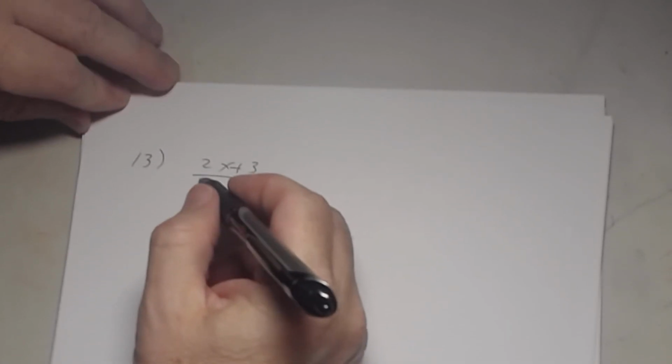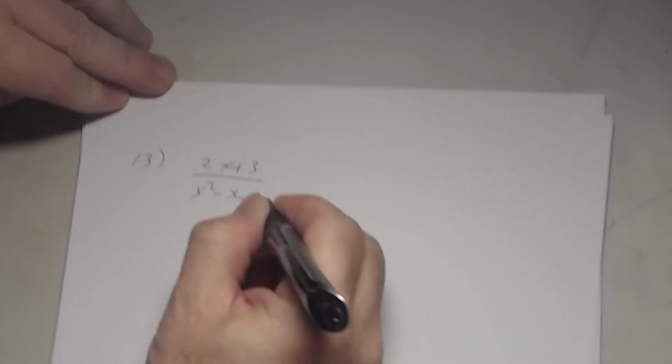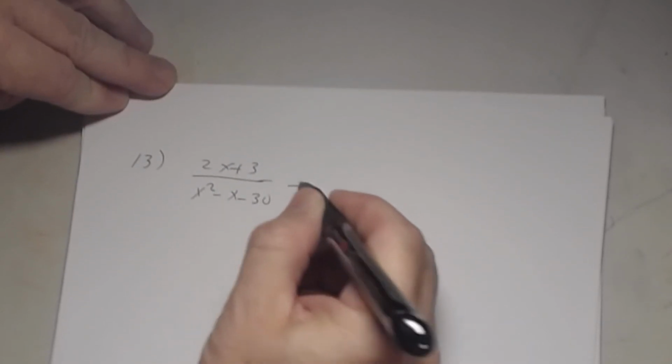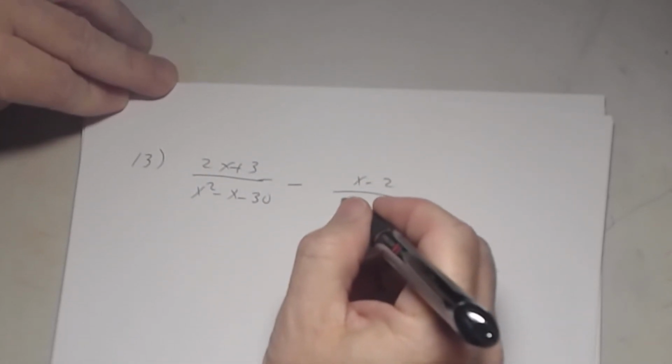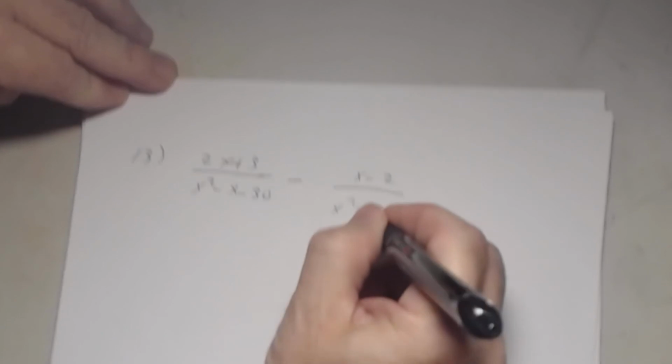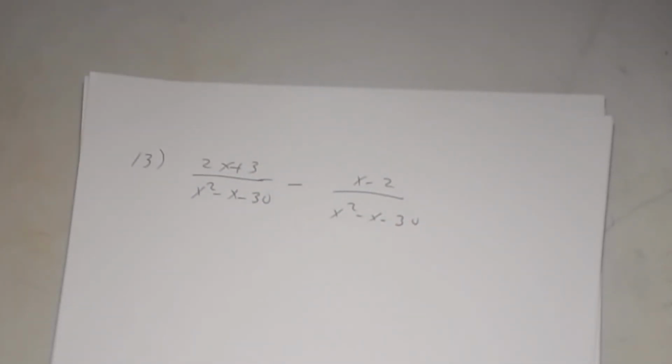At 13, you have 2x plus 3 divided by x squared minus x minus 30, minus x minus 2 divided by x squared minus x minus 30. So this is a review for part A, and it's also in part C. All I did was put some more problems from part A on part C.